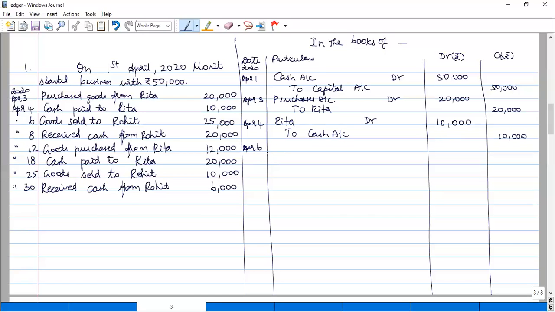Here we are selling goods on credit to Rohit. So Rohit is becoming our debtor because of this transaction. So debit Rohit's account to sales, because of sales. Rupees 25,000.